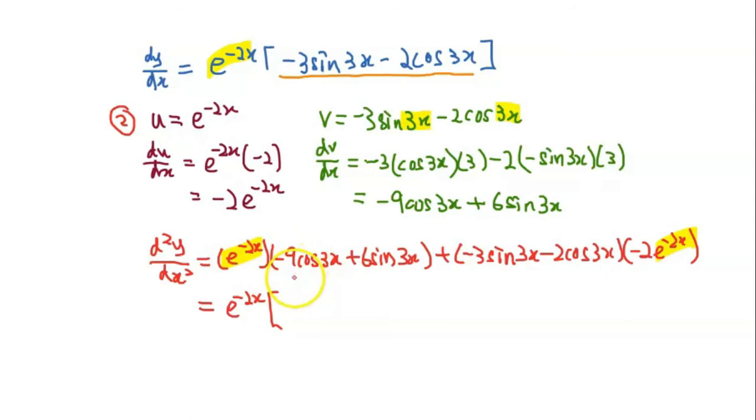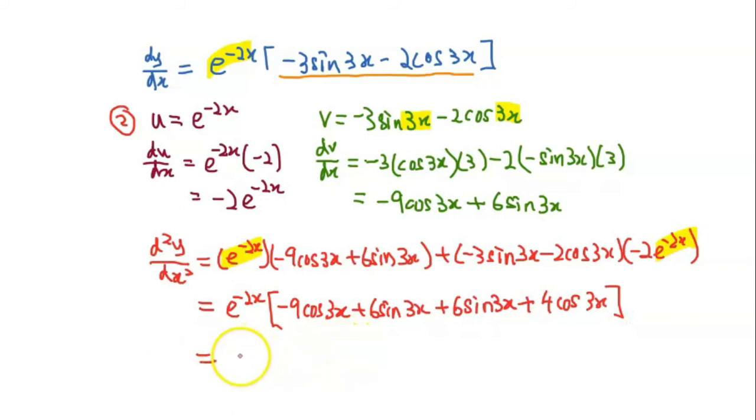So now we're going to calculate the remaining factor. From the front part, it equals negative 9 cos 3x plus 6 sin 3x. From the back part, negative 3 times negative 2 equals positive 6 sin 3x, and negative 2 times negative 2 gives positive 4 cos 3x.